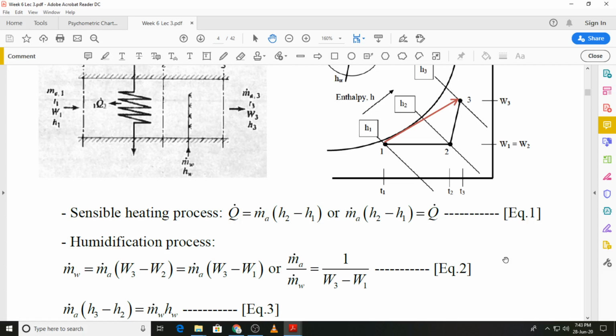So at state 2 we will have m dot a times w2, to which we will add steam at the rate m dot w, and the resultant amount of water vapor at state 3 will be m dot a times w3. So m dot a times w2 plus m dot w is equal to m dot a times w3, and again rearranging that equation we get equation 2 as shown in the slide.